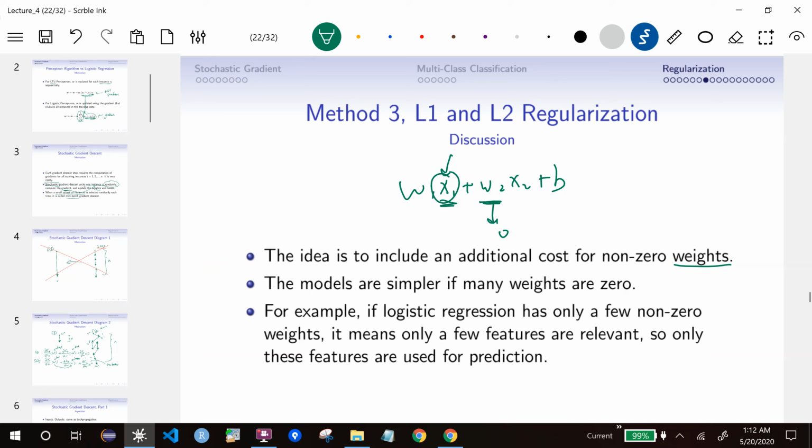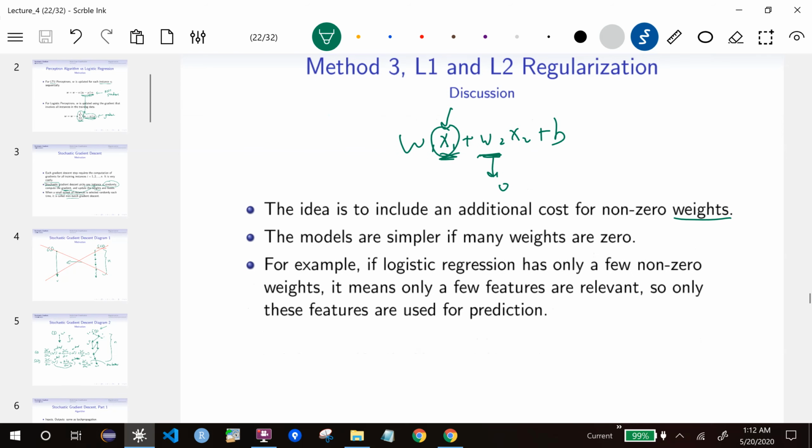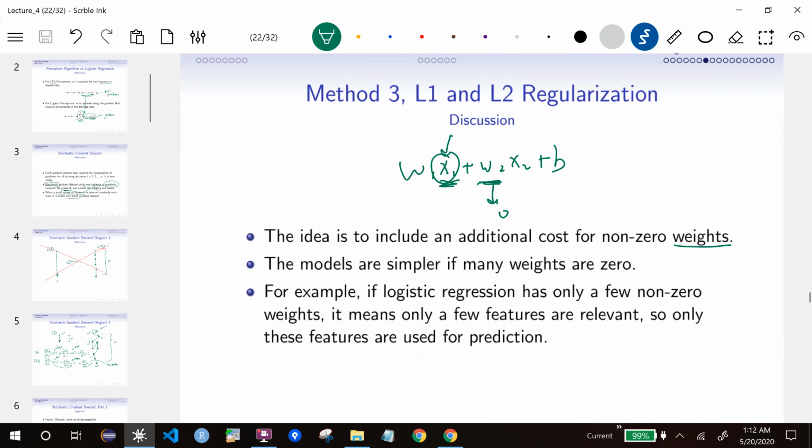So we can get rid of this unnecessarily complicated feature, and we have a more general model as a result. If we try to make some of the weights 0, and of course we cannot just force some of them to be 0 because we don't know which one should be 0. So what we will do is include these weights as a cost.